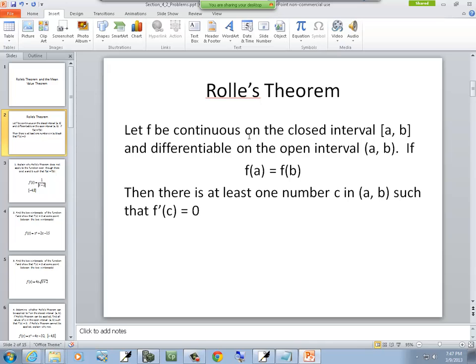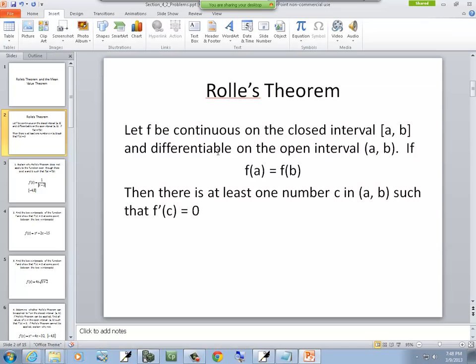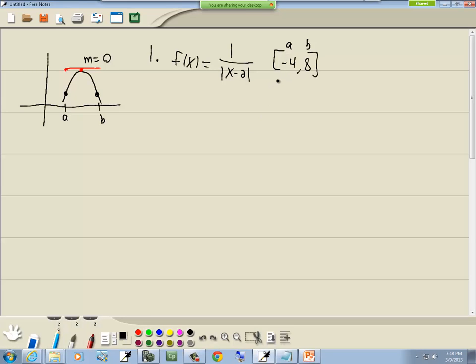Let f be continuous on the closed interval [a, b]. Well, this graph here is continuous, doesn't have any holes in it or anything. Wait a minute, no, it isn't. Sorry. Because I was thinking this would give us -2.